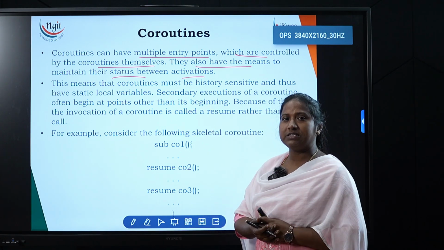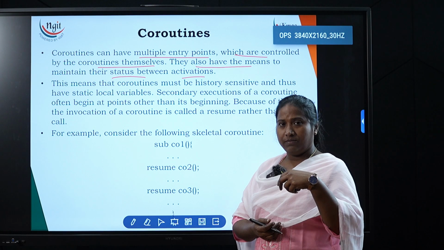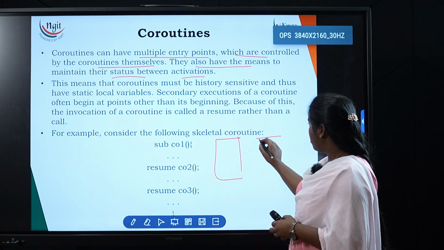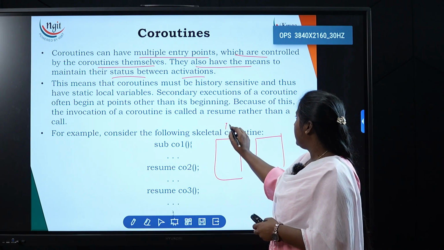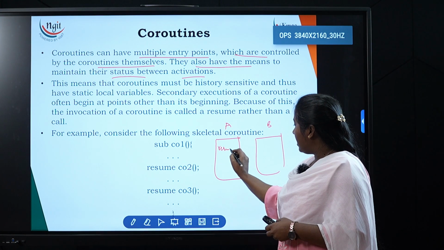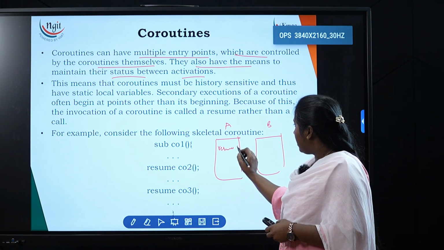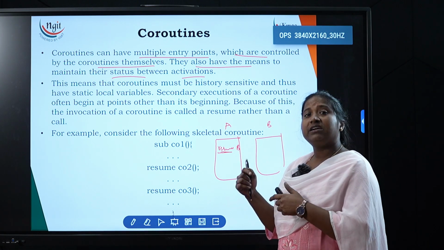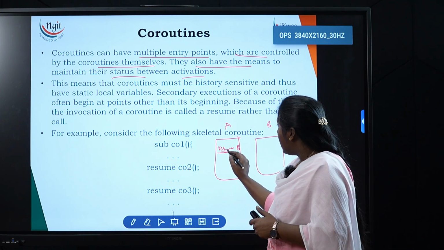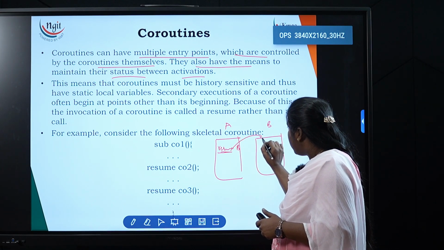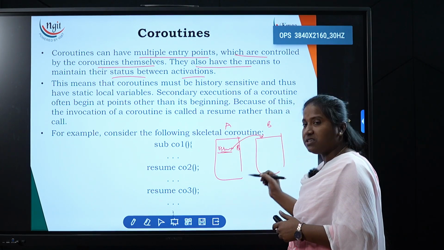The meaning of this is, let's say there are two subprograms, A and B. While I am executing A, I use resume B. Resume is a keyword used in a coroutine. Resume B means we will resume the operations of the B subprogram.